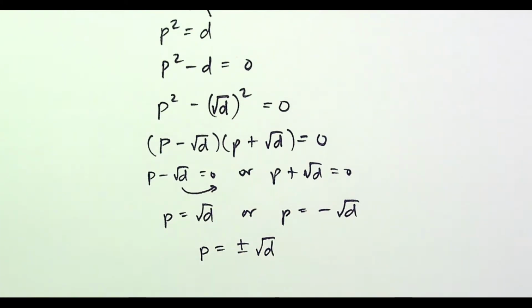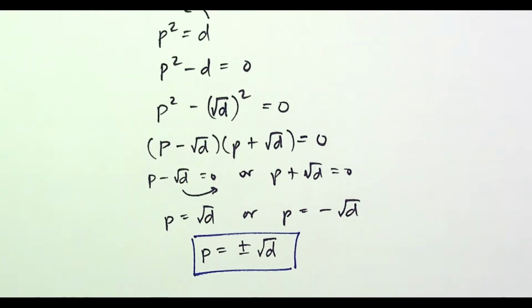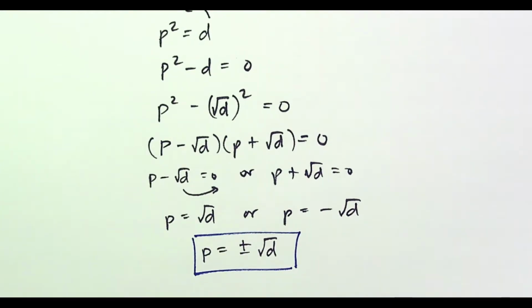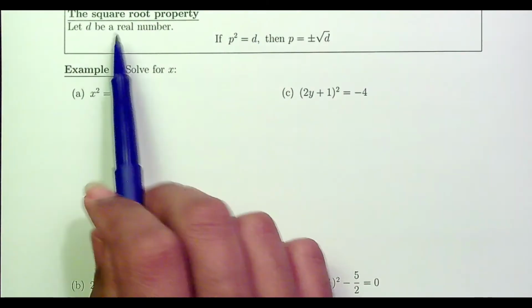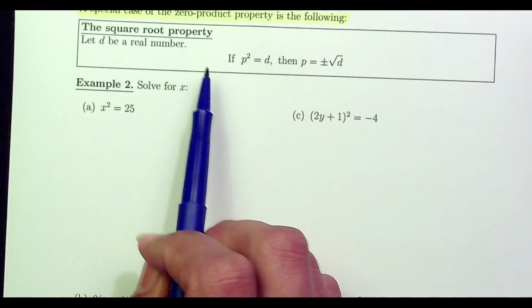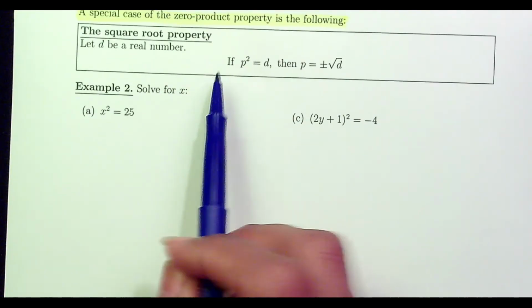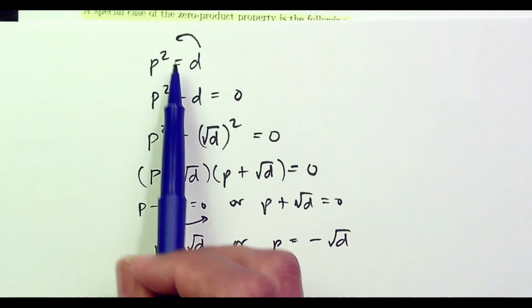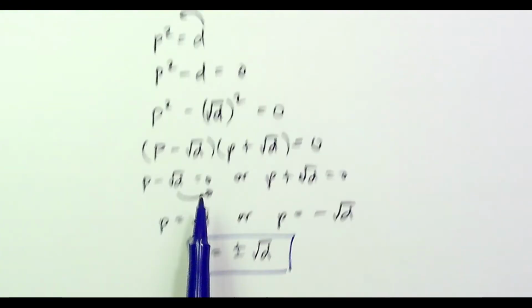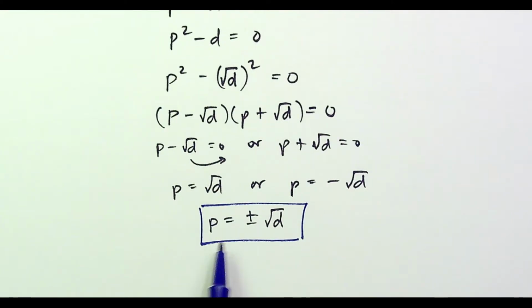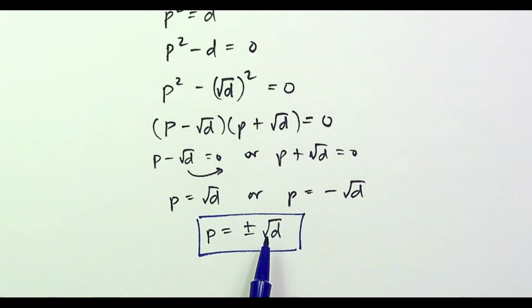That's how we typically summarize that, and that's exactly what the square root property says. If you start out with p squared equals d and you do some algebra, you end up with p equals plus or minus the square root of d.